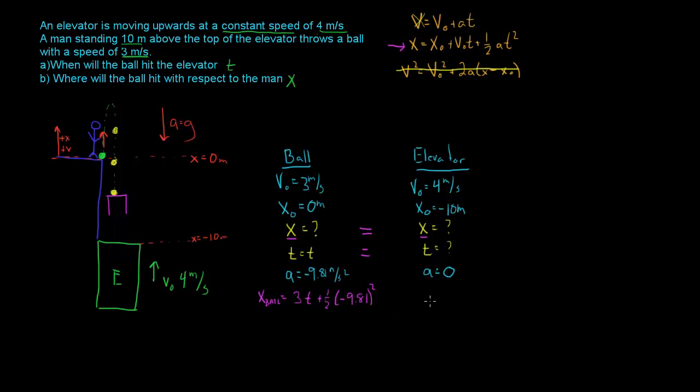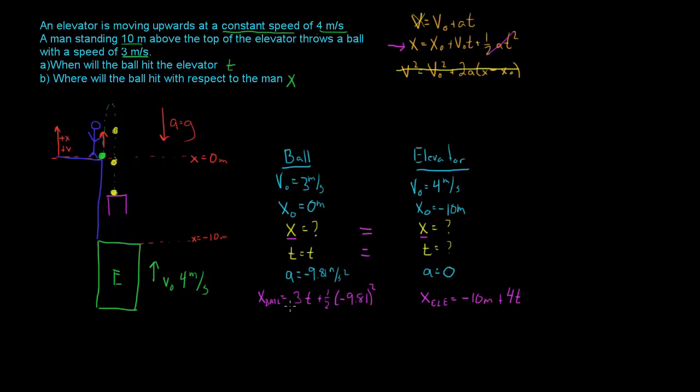And for the elevator, the x of the elevator is equal to an initial position, which is minus 10 meters, plus an initial velocity, 4 meters per second times time, plus 1/2 acceleration times time squared, but our acceleration is 0, so this part of the equation goes away for the elevator.